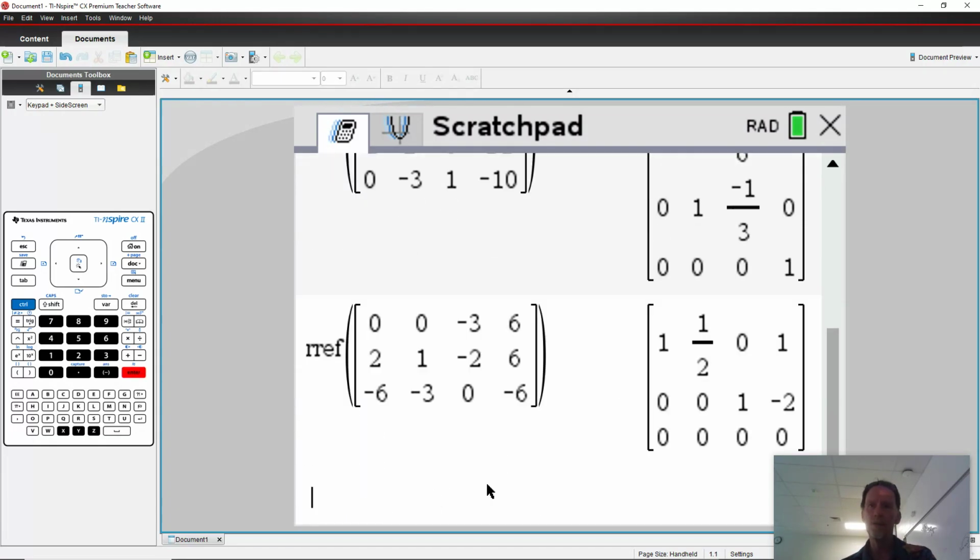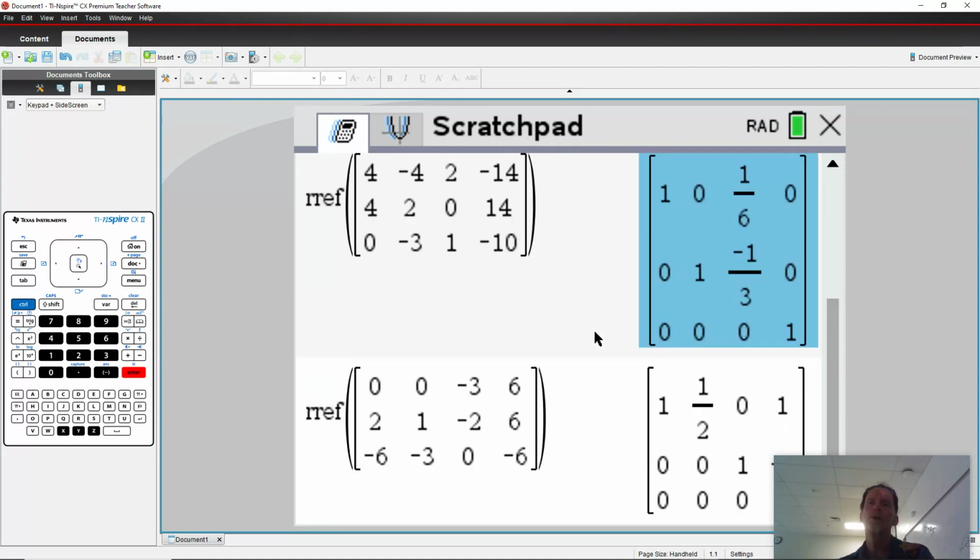And you hit enter here, and now you see my bottom row is all zeros. This is the other special case, right? These two rows, again, they just don't even matter. If you see all zeros in the bottom row, that's going to mean that there are an infinite number of solutions, what we call a dependent system.